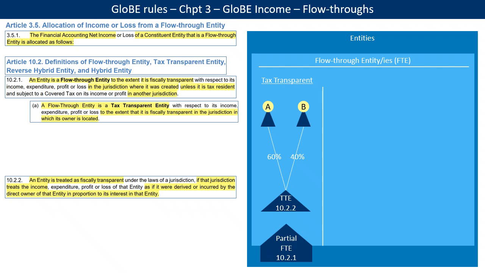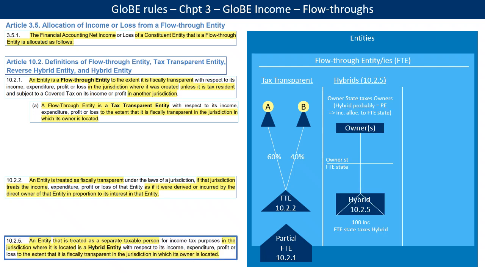So what that means is, if for whatever reason, for instance, a country says we will treat an entity as transparent for its active income, but we will tax it for its passive income, then to the extent that it is transparent for the active income, it will be a flow-through entity, and then it will be a tax transparent entity. But for passive income, it will be treated as a normal taxable entity, and the entity will be taxed itself, not the owners thereof. I hope this explanation makes the difference clear.